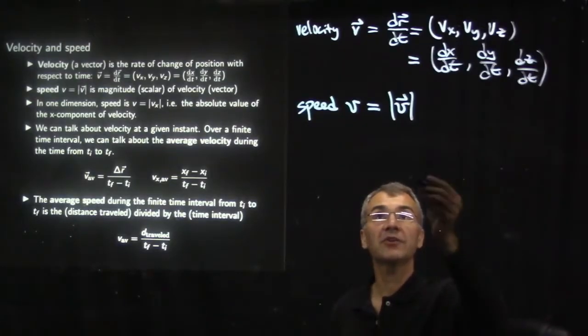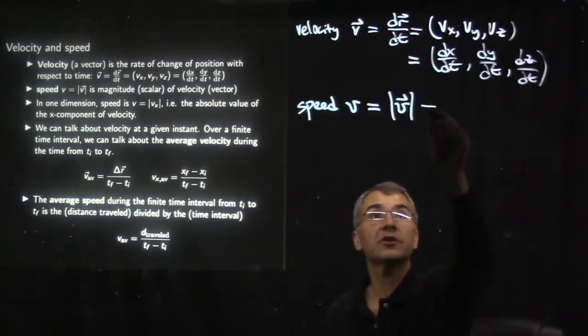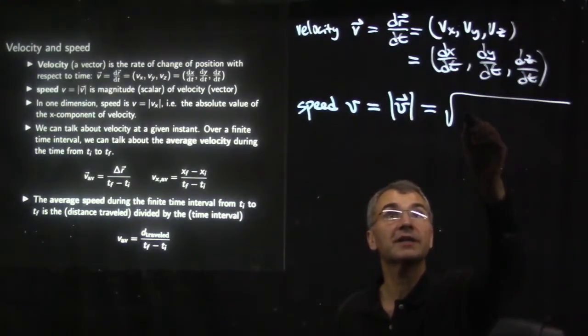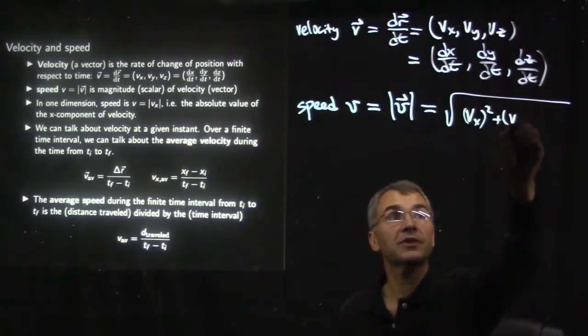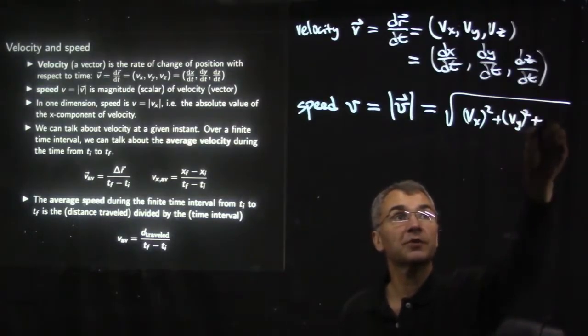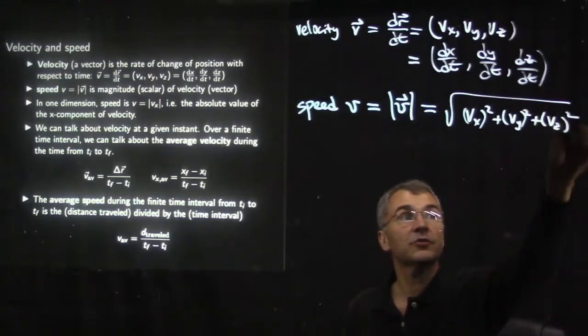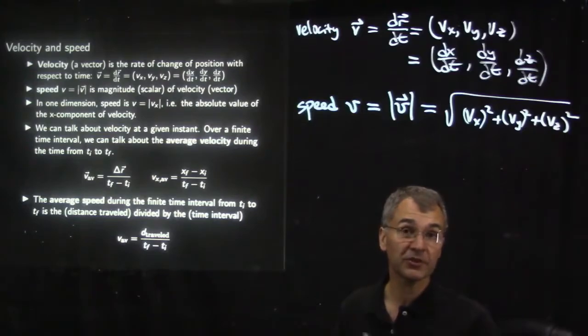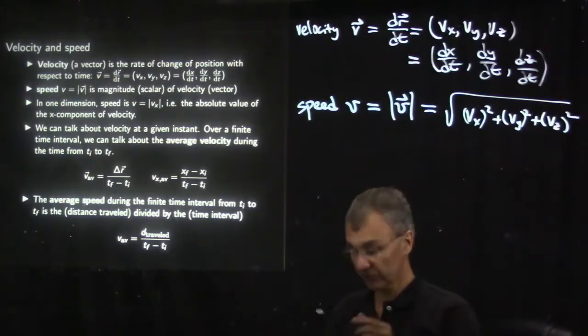So in 3 dimensions, this will look like, but you can cover your ears if you want to, the square root of vx squared plus vy squared plus vz squared. But we're only working in 1 dimension for the first 9 chapters.